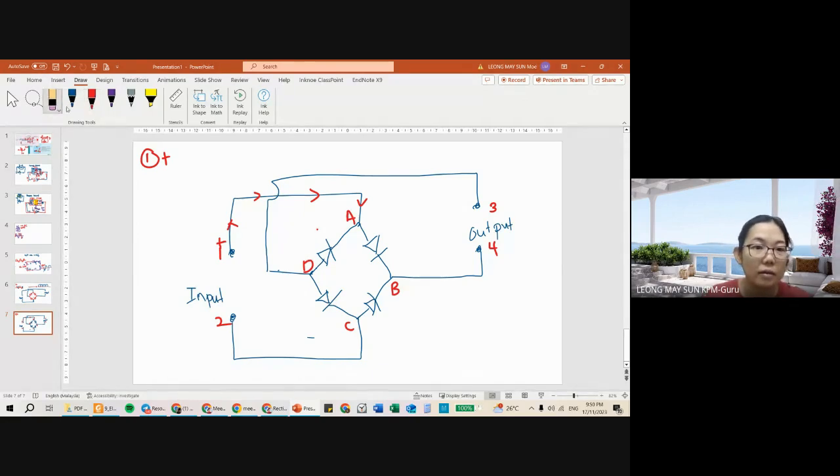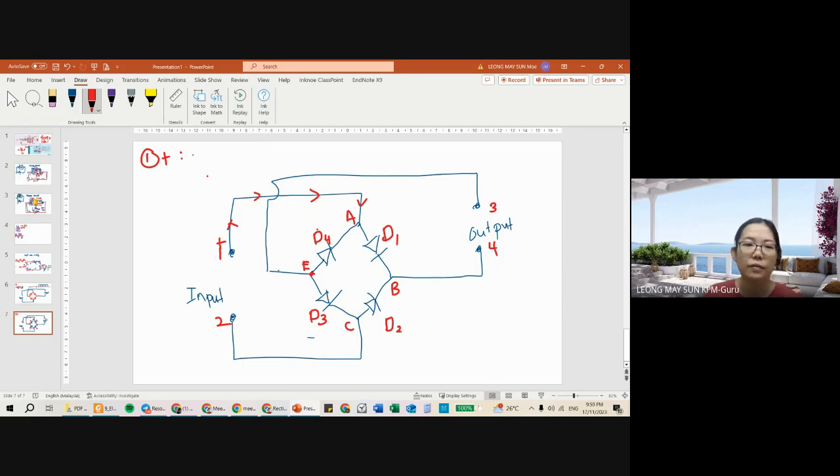Because that's a diode, I cannot use D here. I will label this as E, junction E. And then I label the diodes as diode number 1, diode number 2, diode number 3, diode number 4.